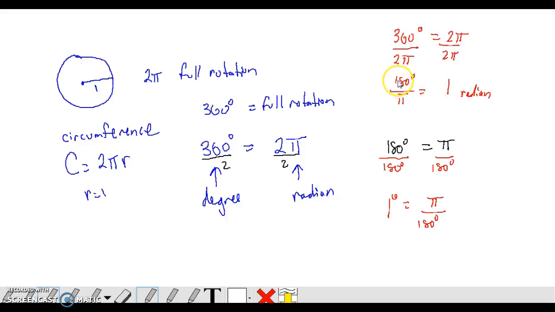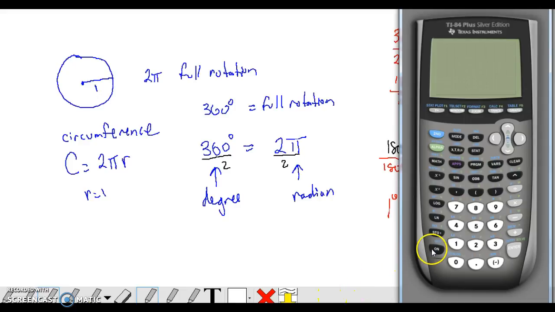So I'm going to grab my calculator for just a second and turn that on. So if I take 180 and divide it by pi, this is what 1 radian is really worth, about 57.3 degrees. Okay, that's really what 1 radian is. So 1 radian is equal to 57.3 degrees.